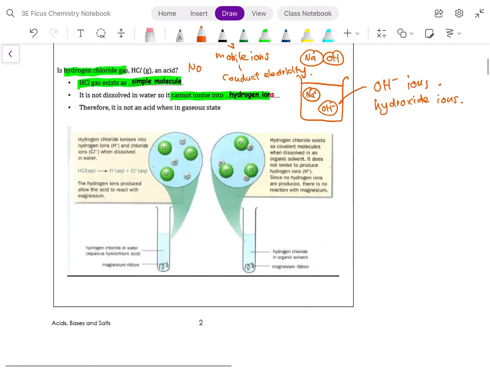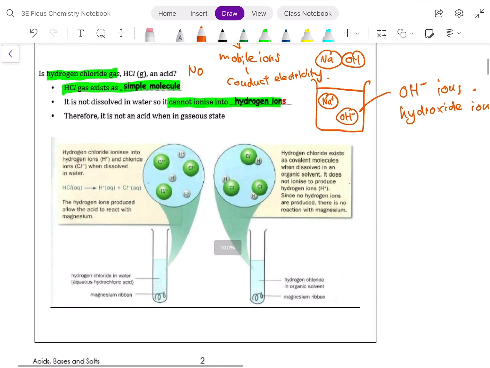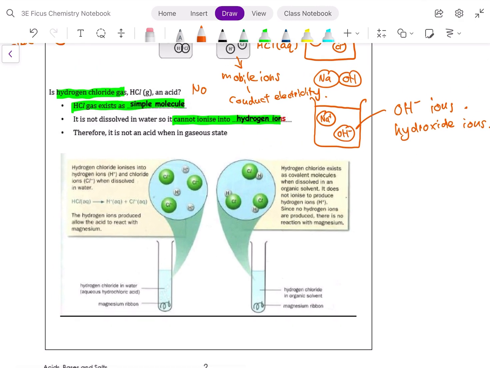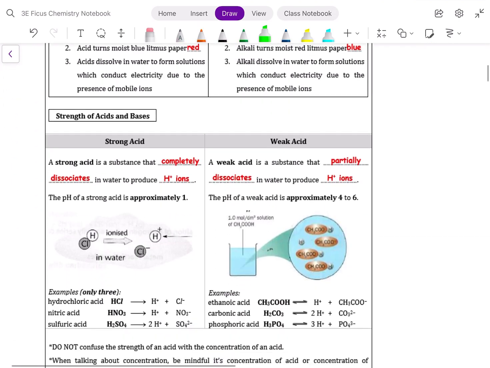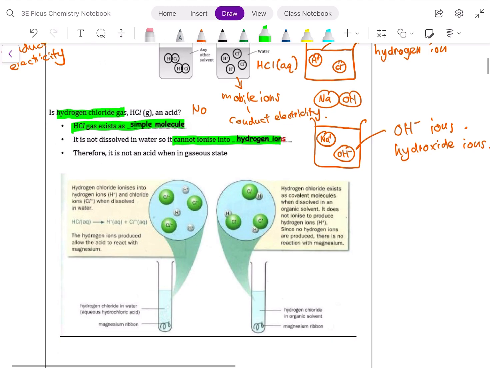Once again, here is another diagram just to show you the importance of water. What you notice is that when you dissolve it in water, the hydrogen chloride will ionize into hydrogen ions and chloride ions. That allows it to react with the magnesium metal.